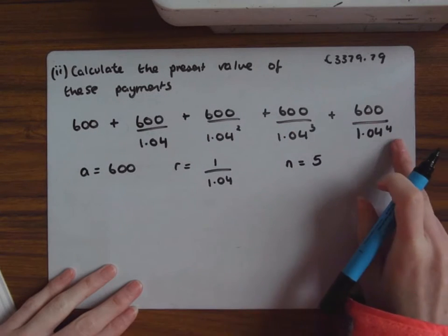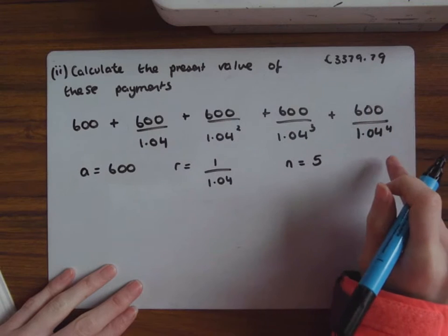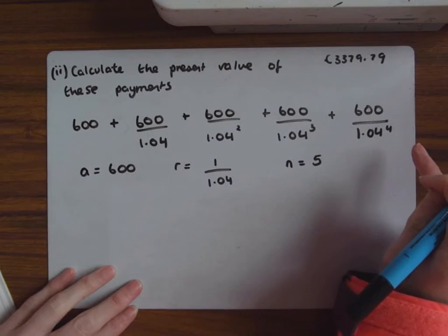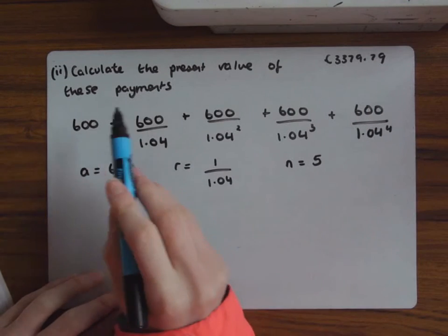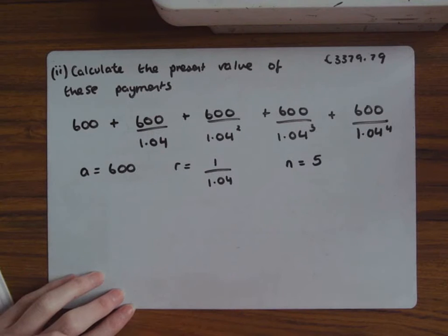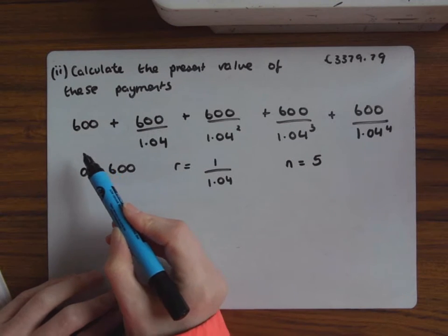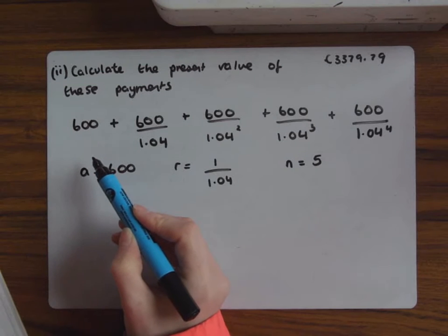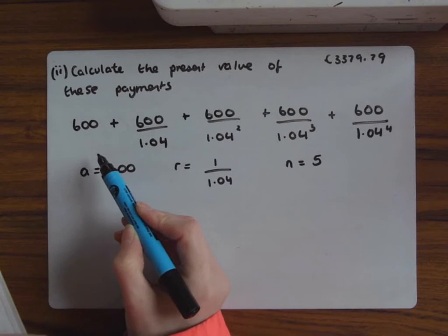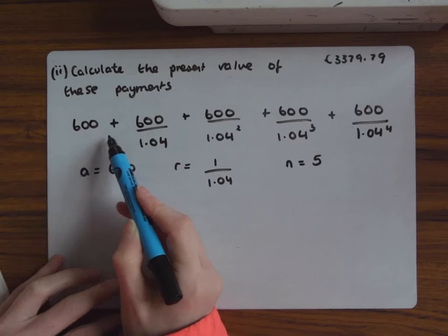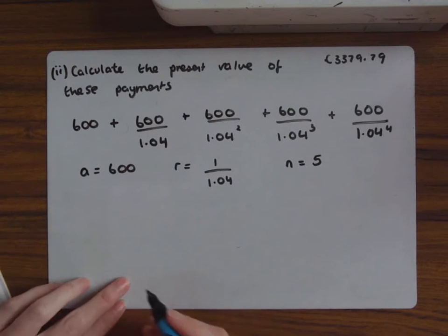Just because this is to the power of 4, that has nothing to do with my N. My N is the number of terms in my series, and I still have 5 terms. So when you're saving at the start of the year and you're interested in the present value, the A is the only thing that changes.